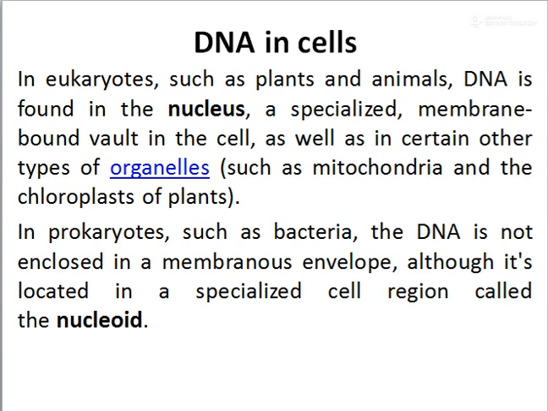DNA inside the cell. In eukaryotes, such as plants and animals, DNA is found in the nucleus. So, the nucleus is the region where DNA is present, and all the information to perform various cellular functions is sent from the nucleus because of the presence of this DNA.